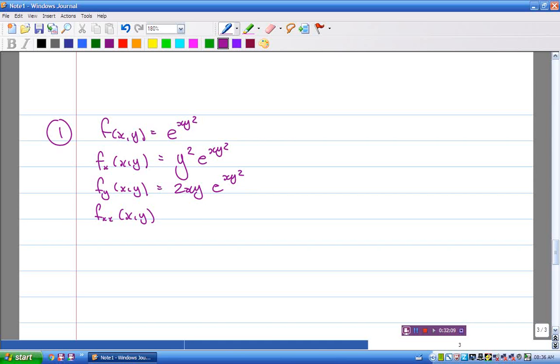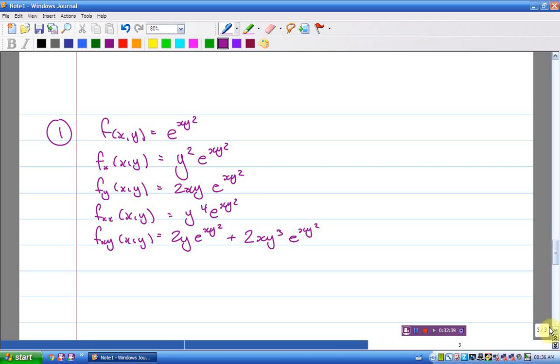As far as x is concerned, y squared is just a funny looking constant, so we're going to end up with y to the 4 e to the xy squared. Now what about the xy derivative? I'm going to take my x derivative and differentiate with respect to y. Okay, now product rule: 2y e to the xy squared plus 2xy cubed e to the xy squared.